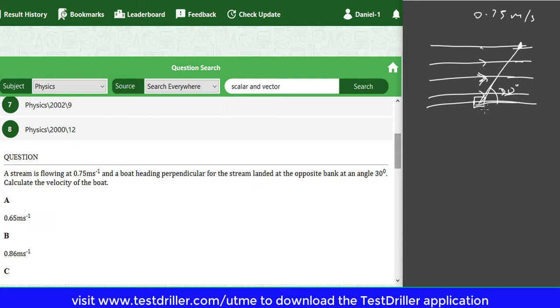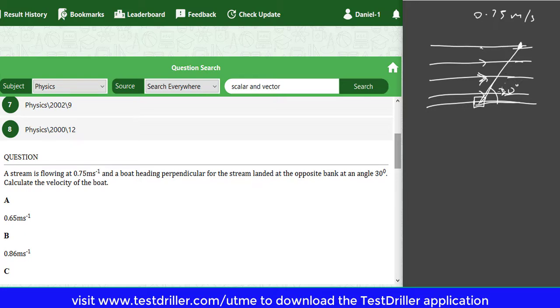The boat must have moved at a particular speed to reach here. If the speed of the boat is 0, it means it will just flow along with the stream and it will never get to this point. But because of the vertical speed of the boat, the boat was able to get to the opposite side, but because of the drift of the stream, it didn't get to the exact opposite.